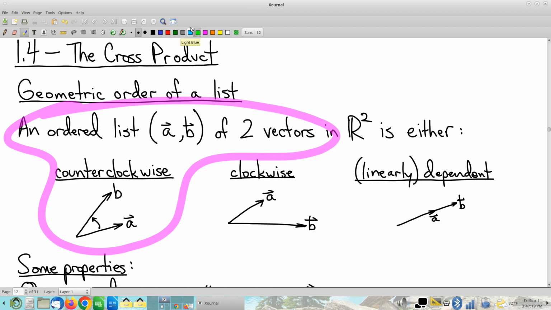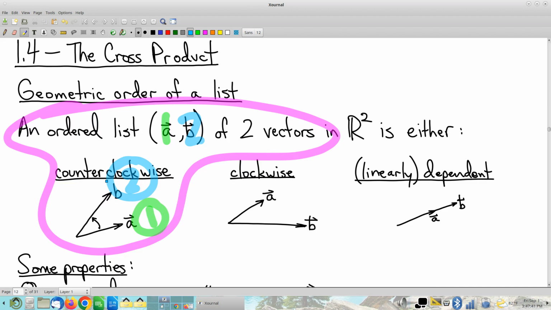I just said pair. It's not a pair, it's a list. The order matters. Okay, so this list where A is first and B is second. What geometric description should I give to the fact that this vector is first and that vector is second?